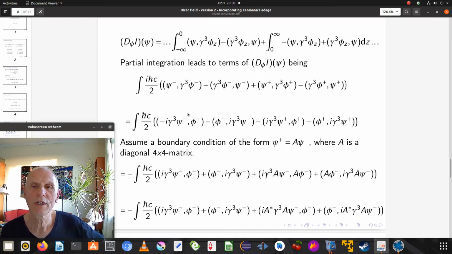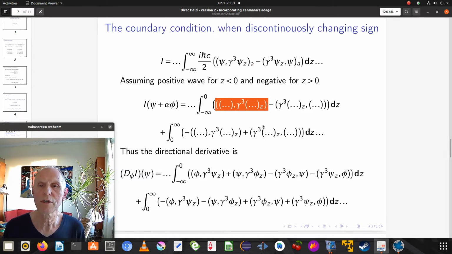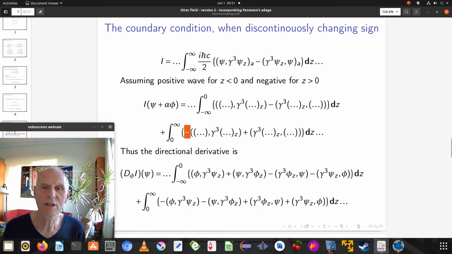And what do we do here? We isolate phi. That means gamma 3 must be moved to the other side. That's easy because it's self-adjoint, no problem. Another thing I forgot telling you: the alternating scalar product, to be able to move gamma 3, I change it to the ordinary product, and that's where the minus here comes from.